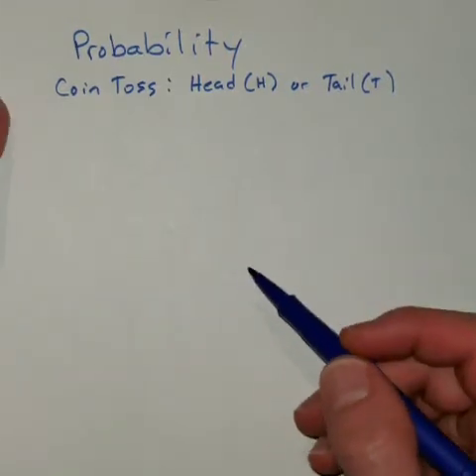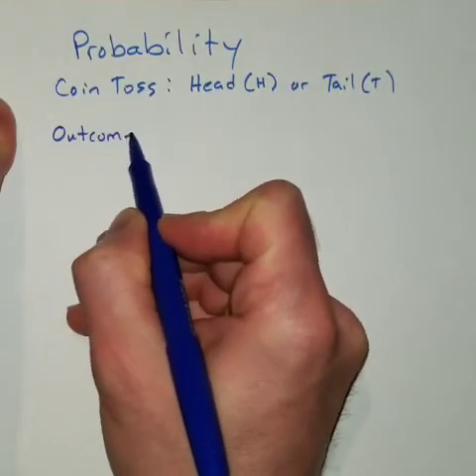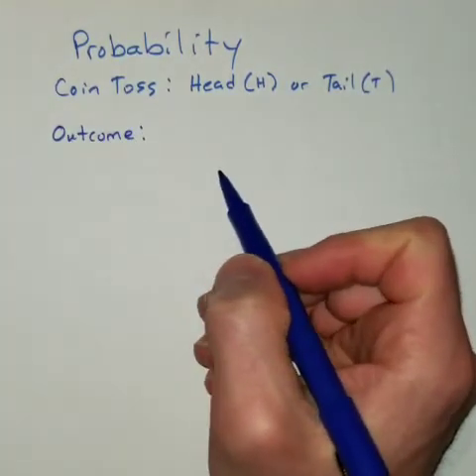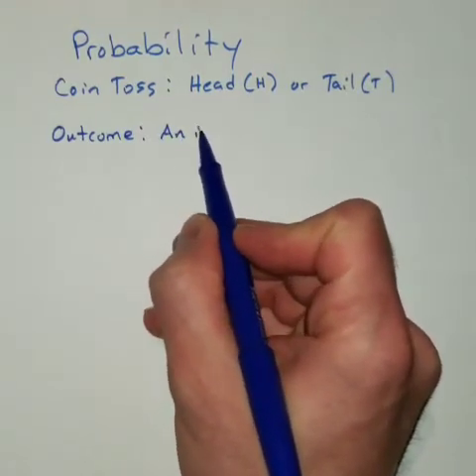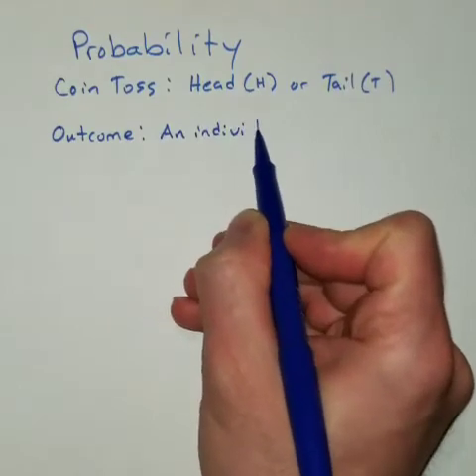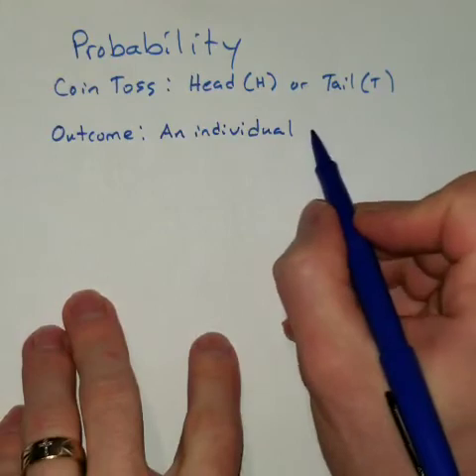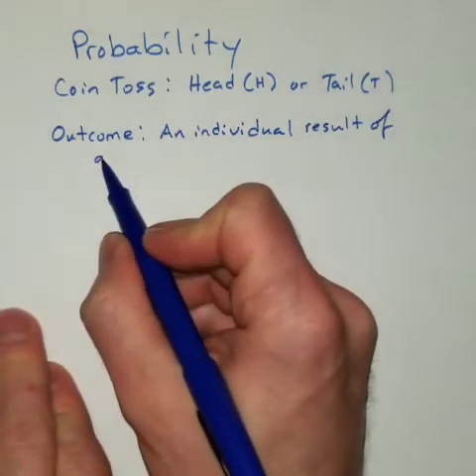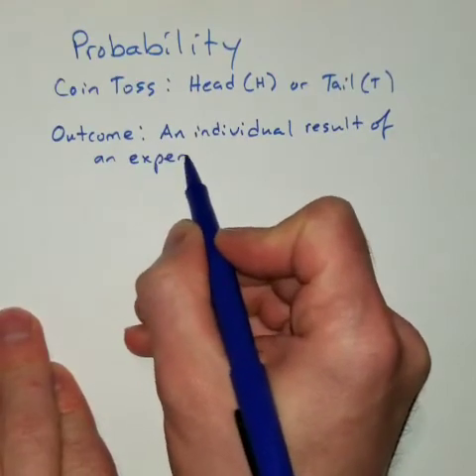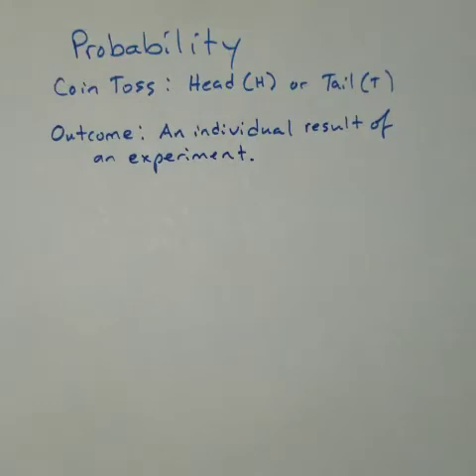So the first thing is an outcome. Okay, so by definition, an outcome is an individual result of an experiment. In the case of a coin toss, this would be either a head or a tail.